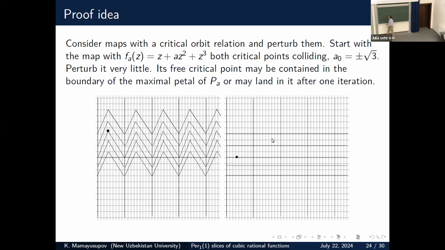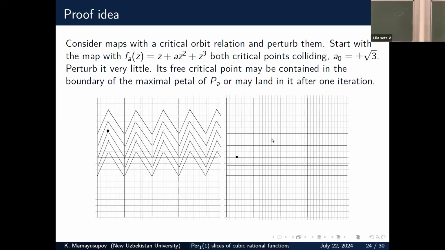So let me show you here. Let's say you have a critical point and you have a petal. If you perturb it a little bit, now it lands inside, yeah, very little bit. So now, what is this? Here I'm doing quasiconformal surgery. I started with the parameter where you have two critical points colliding.